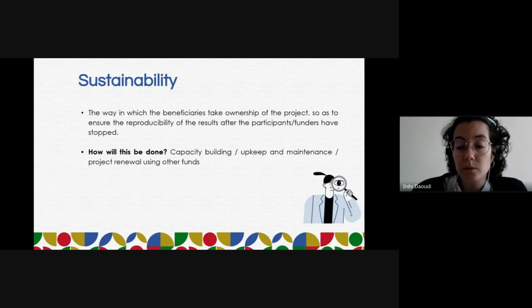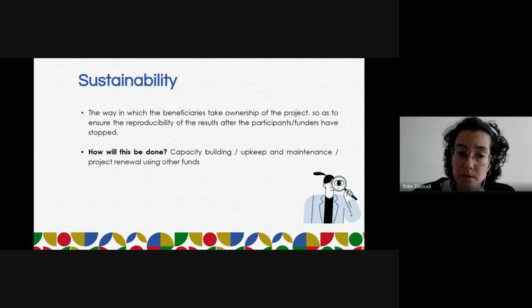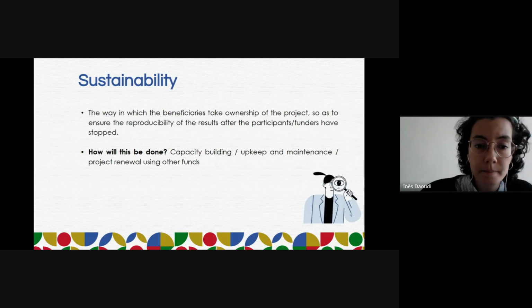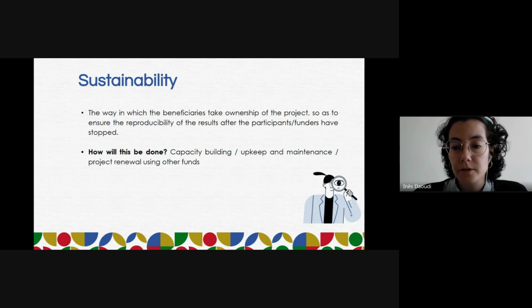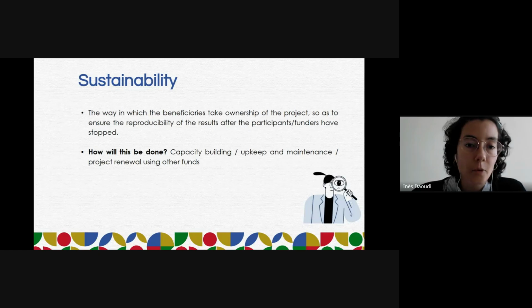Most of the donors will ask you in the proposal how your project is going to be sustainable. So it is very important that the beneficiaries take ownership and feel responsible for the project's success and its long-term continuity.